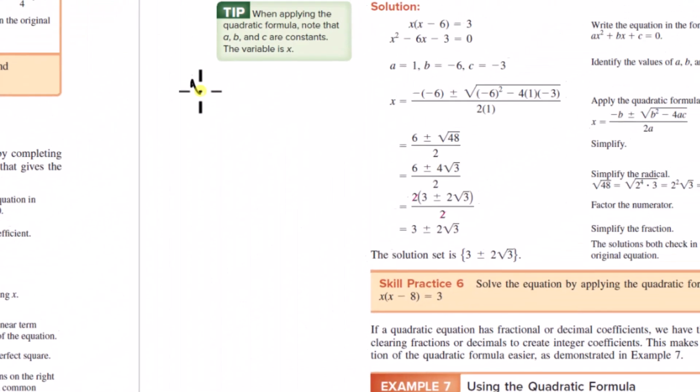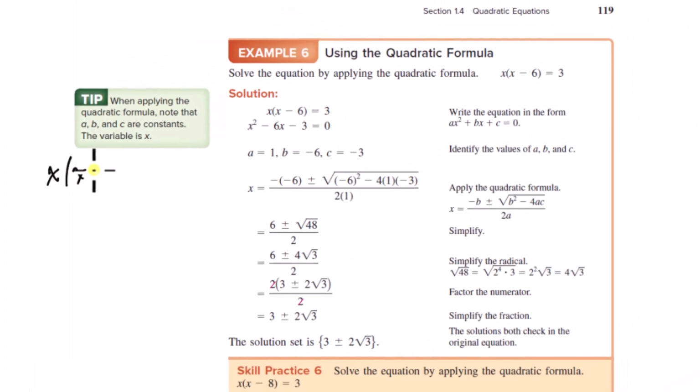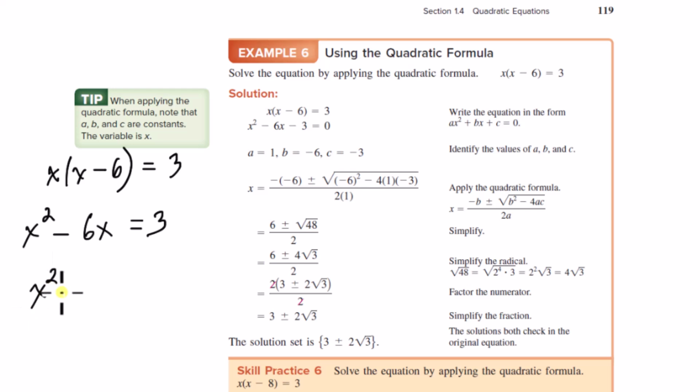You start off with something like this. Well, this is a quadratic equation, we just can't see that general form yet. So, subtracting 3 from both sides, we haven't changed the equation, but now we can see that general form.